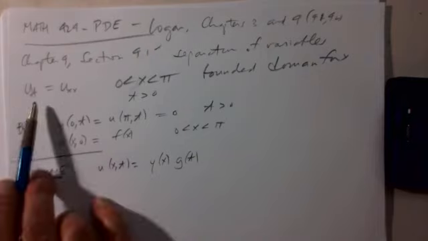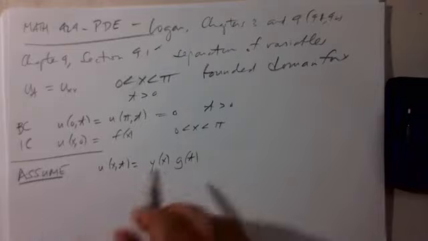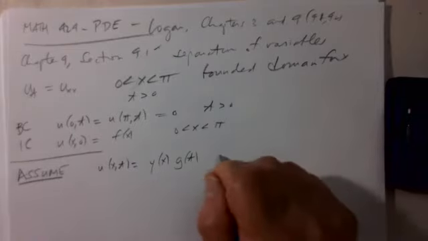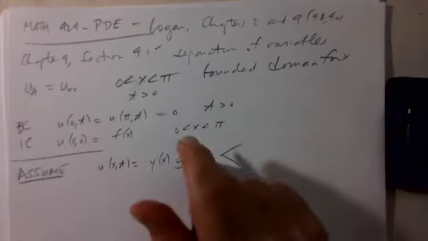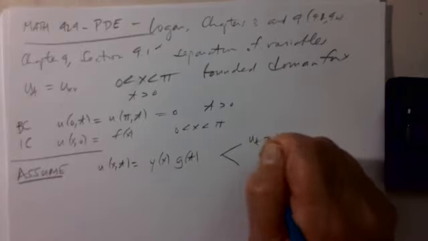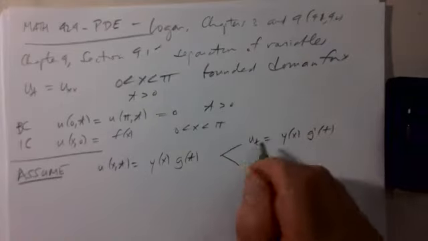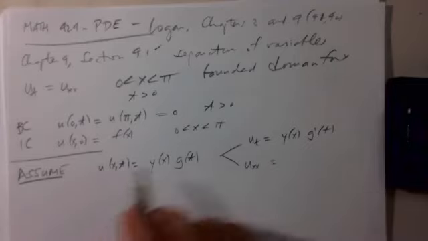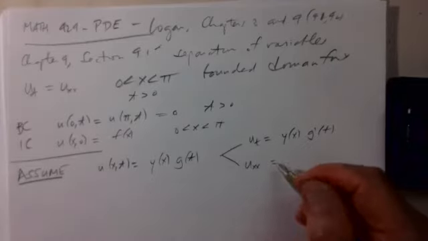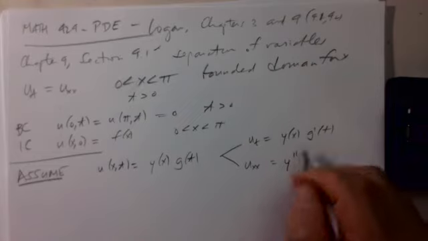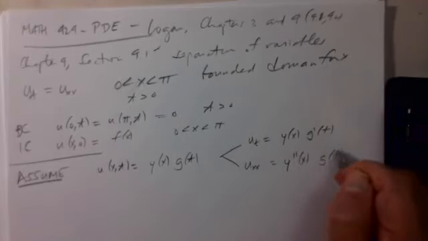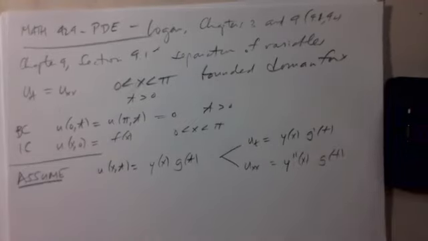So if you plug this into the partial differential equation, if u of x, t is this, what is u sub t? u sub t is y of x times g prime of t. And u sub xx, the second derivative of u with respect to x, is the second derivative of y with respect to x times g of t.